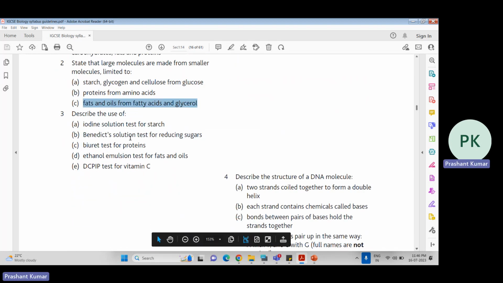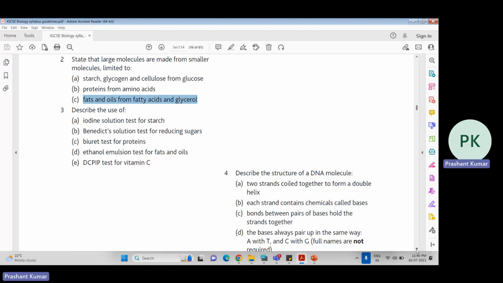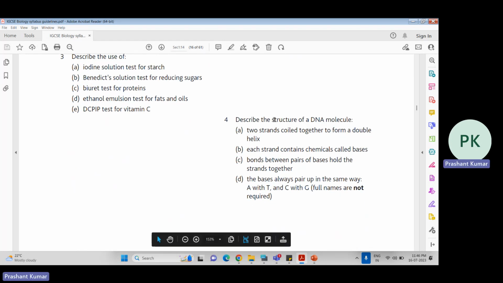Then we will talk about the tests, how we can test for all these molecules present in food. Then we have the structure of DNA. We'll talk about the two strands, which form a double helix.